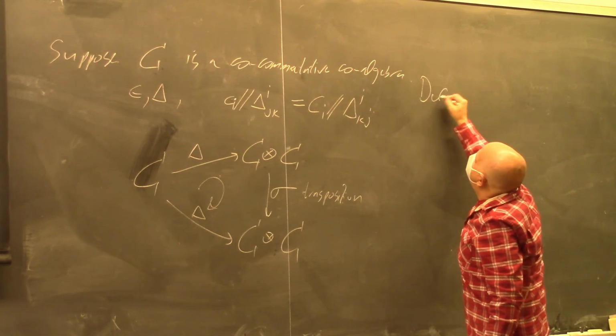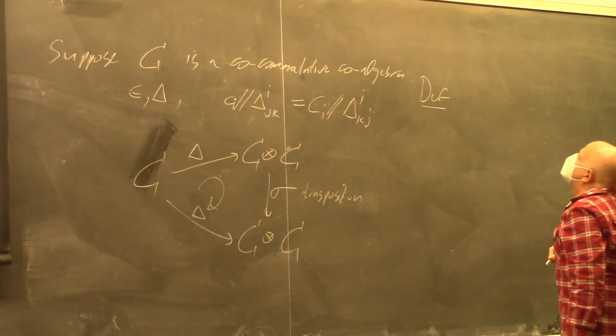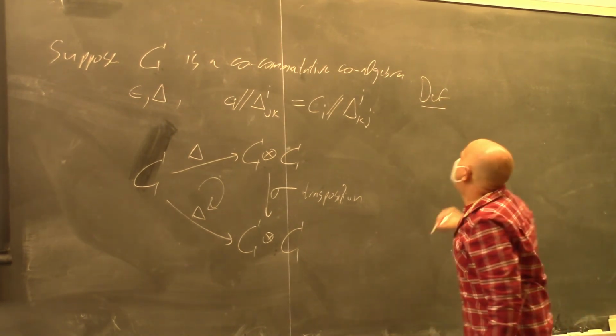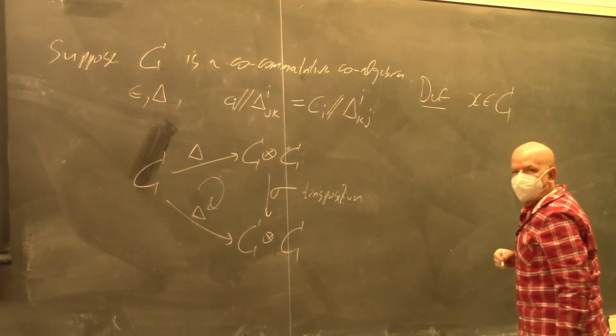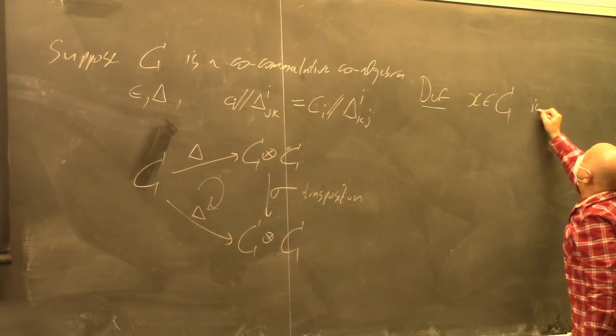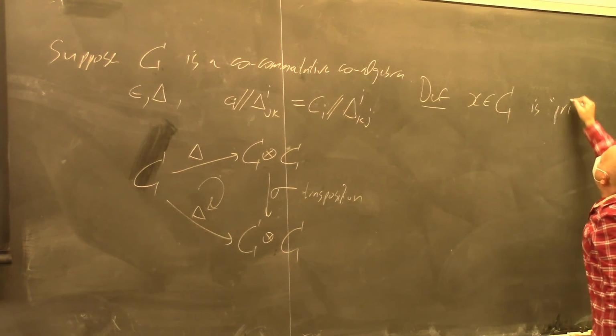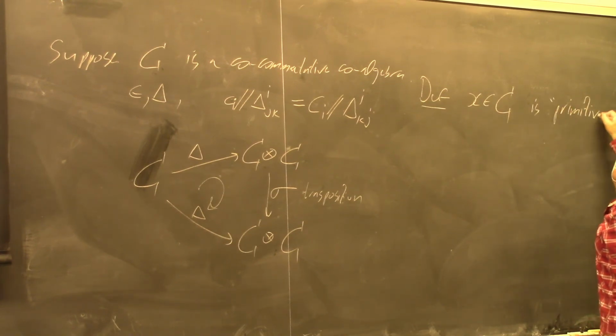So, definition: an element x inside C is primitive if the coproduct of x is equal to x tensor 1 plus 1 tensor x.